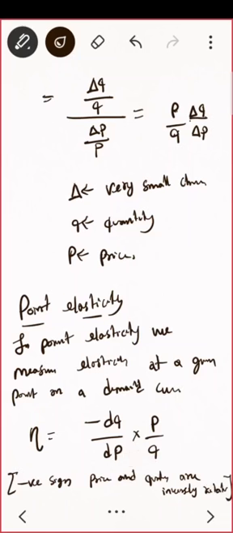Okay, now there are some interpretations of the numerical value of this point elasticity of demand. What if your elasticity is 0? When your nu is 0, what is the conclusion?